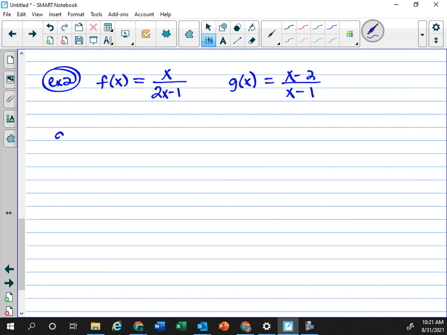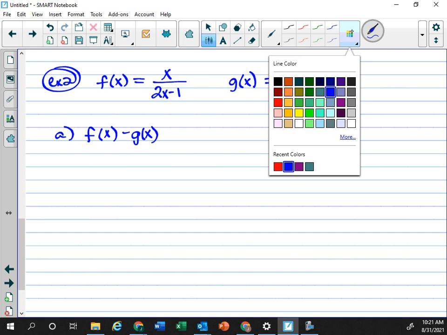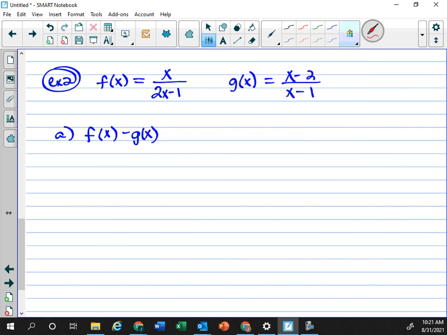First one I want you to find is f of x minus g of x. So I want you guys to try this one on your own, and state the domain at the end, okay?